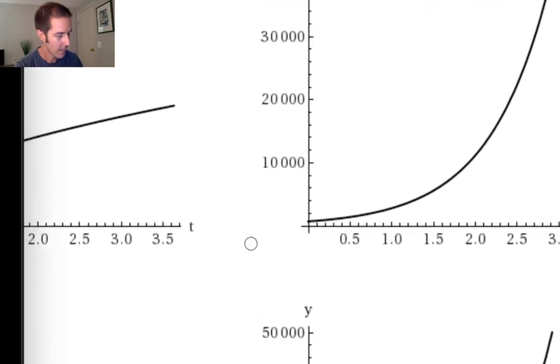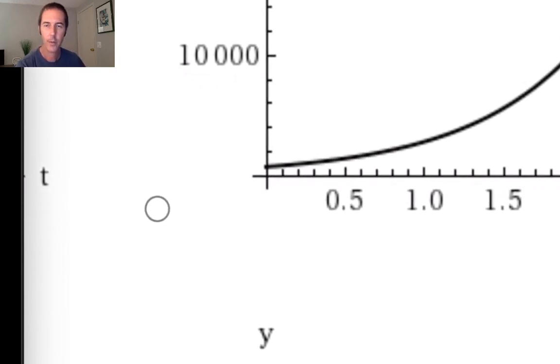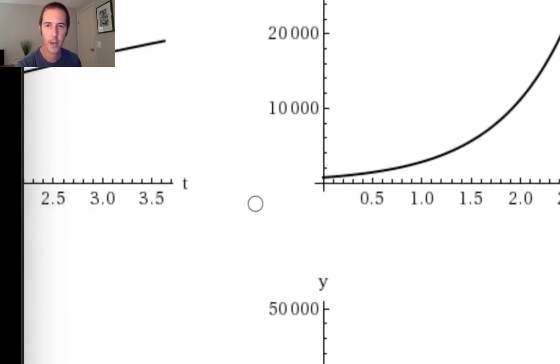Here, I can't even zoom in far enough. I have to keep my fingers on the screen in order to stay zoomed in or it snaps out. Boy, if this is 10,000, 1, 2, 3, 4, I'm looking at like 5,000 here. It's counting by 2,000. It's a pretty small number, less than 1,000.